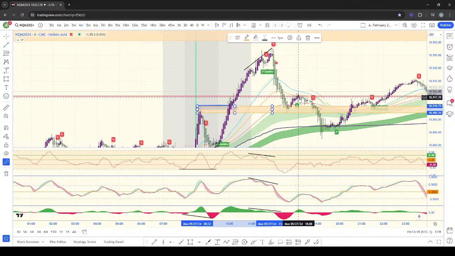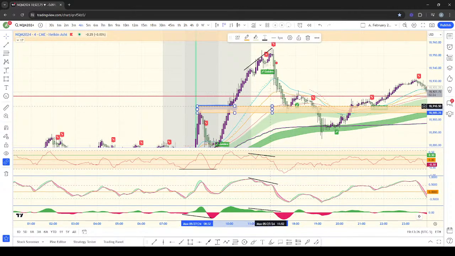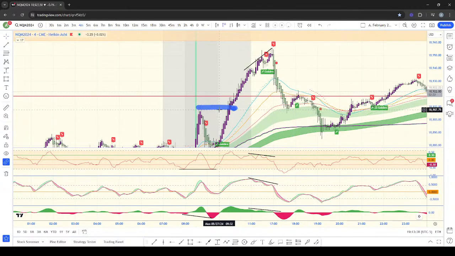There was a bounce, and then price was still pushing down, and look at that, this is really nice, right off the VWAP and right off of the 200 EMA cloud. So this is what I wanted to show you regarding divergences. There's many opportunities throughout the day.